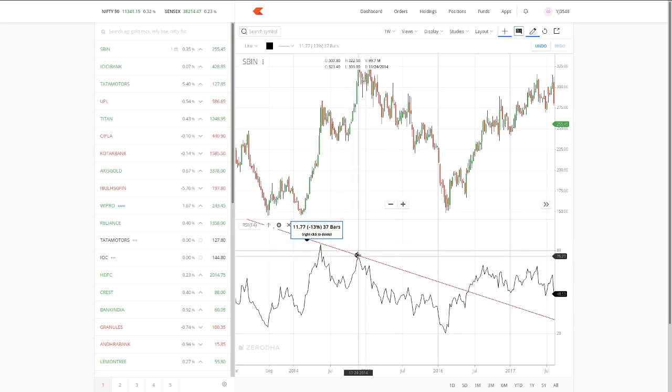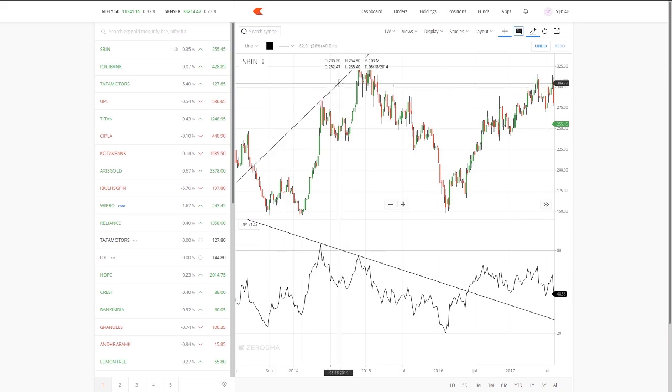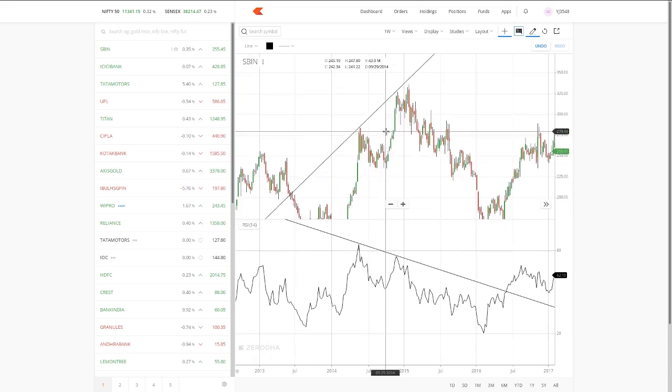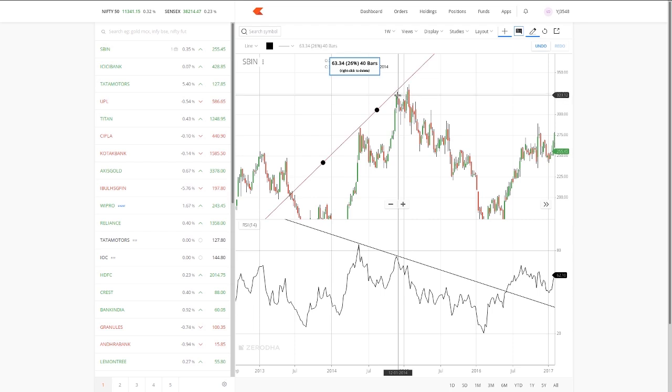What that means is the new high of RSI, formed here for the high price, is lower than the previous RSI when the price was at its previous high. If you connect the highs that were touched by the price, price has formed a higher high, a new high higher than the previous high.